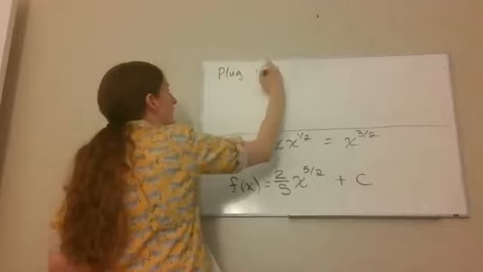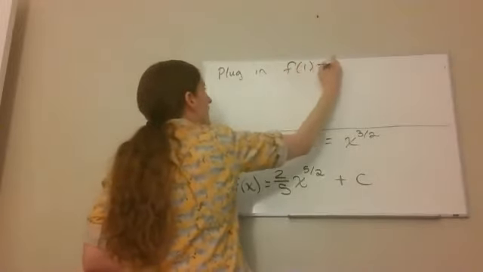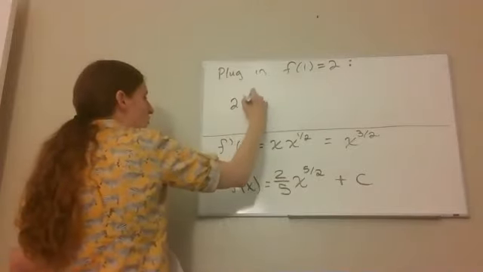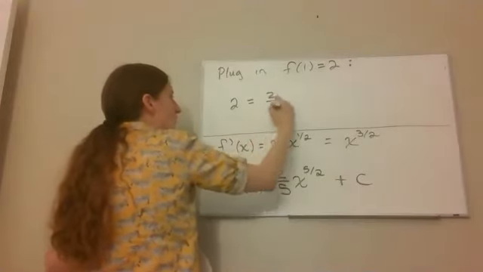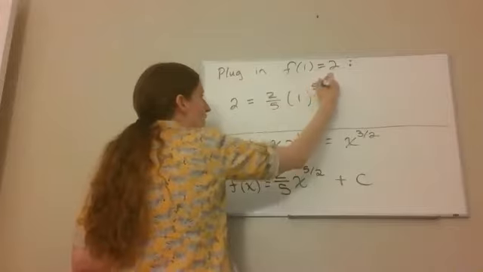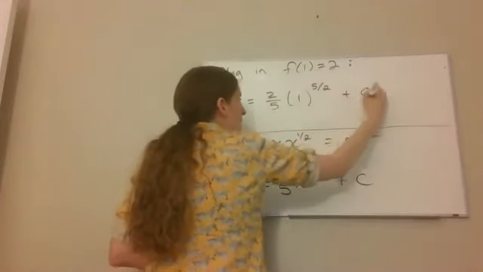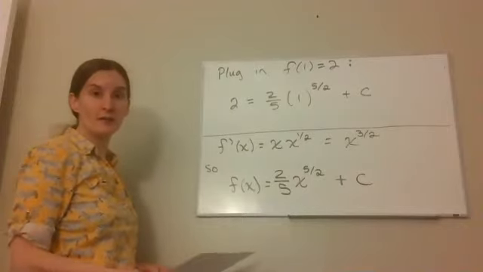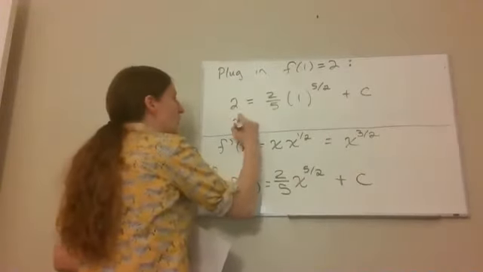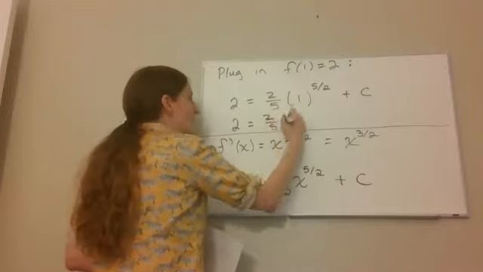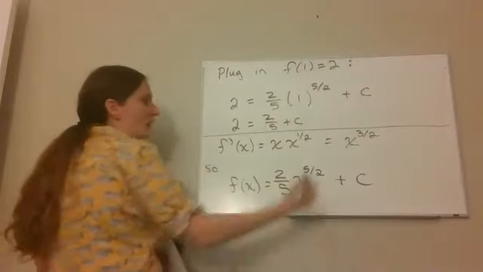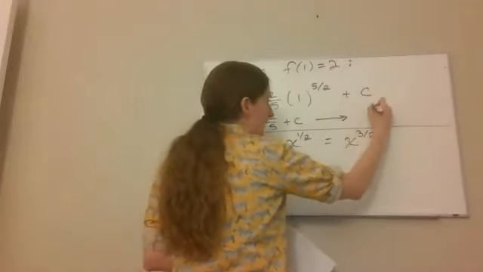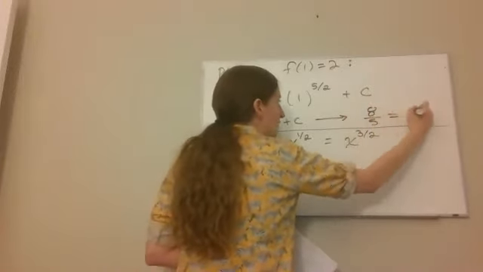So plug in f of 1 equals 2, and that will get us 2 is equal to 2/5 times 1 to the 5/2 power plus c. Well, 1 to the 5/2 is still 1. So I have 2 equals 2/5 plus c. If I subtract that 2/5 to the other side, I get my constant is 8/5.